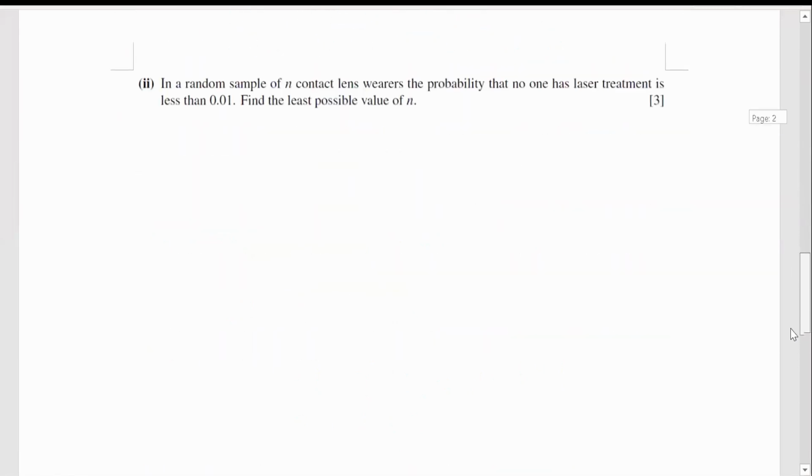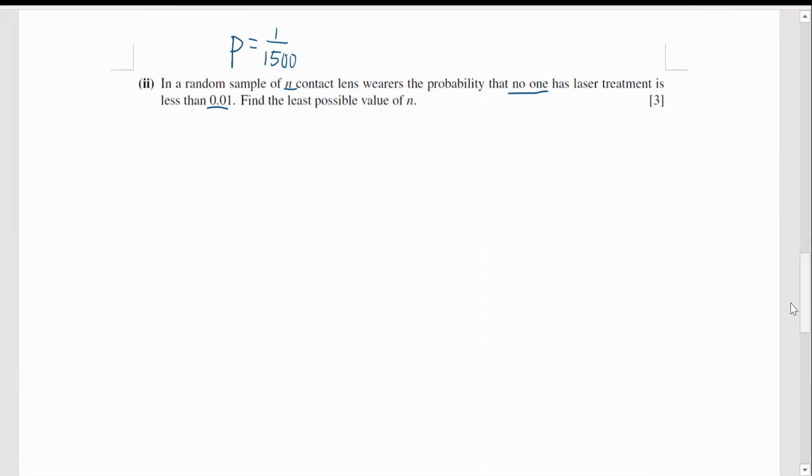In part 2, in a random sample of n contact lens wearers, the probability that no one has laser treatment is less than 0.01.